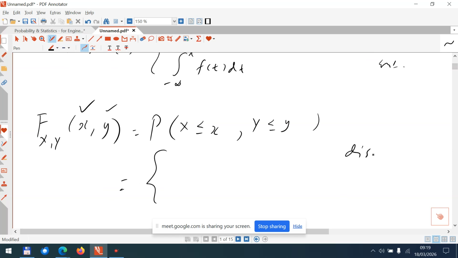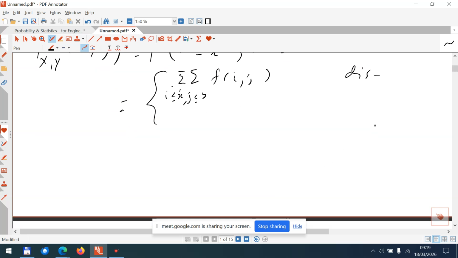For discrete, it will be a double sum of f of i, j, where i is less than or equal to x and j is less than or equal to y.